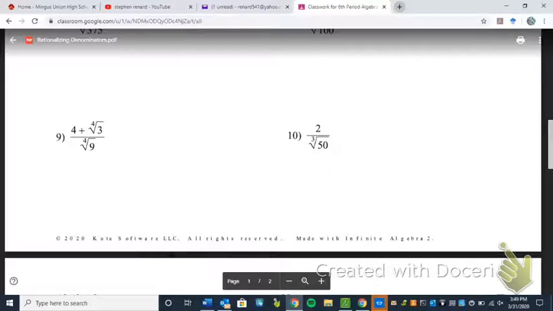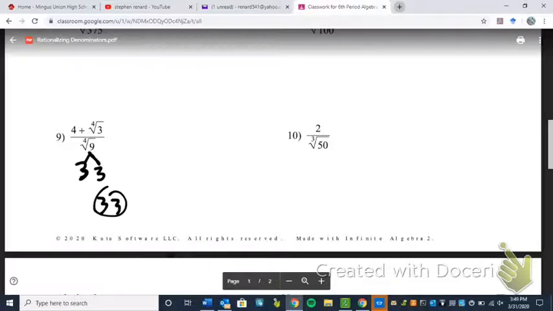Okay, number 9. So we're going to go 9 is 3 times 3, right? So we know that we need 4 3s to get rid of this. And we already have 2, so we're just going to go ahead and add 2 more.